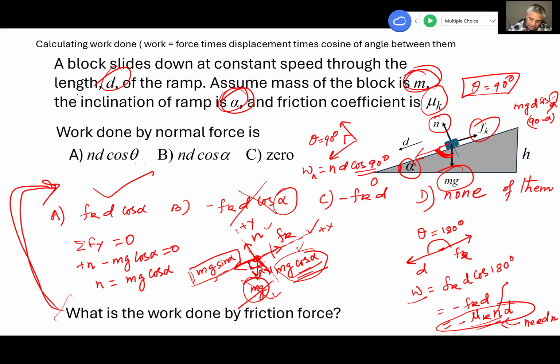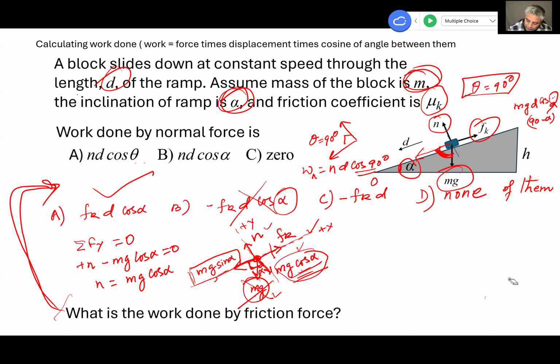And see, the angle between the displacement and mg cosine alpha is 90 degrees. If I want to find that, I have mg cosine alpha and the displacement, and by construction this angle is 90 degrees. Remember, the normal is perpendicular to the plane, and this mg cosine alpha is just opposite, so it is also perpendicular to the plane.